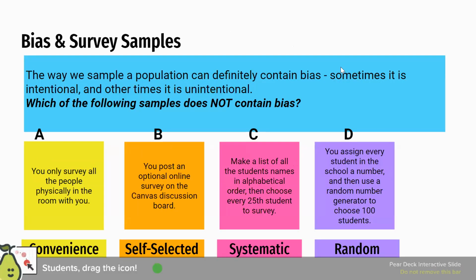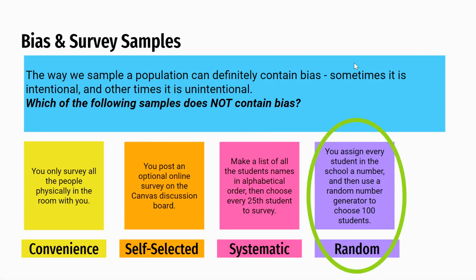So, which of the following samples does not contain bias? Would it be convenience, self-selected, systematic, or random? Hopefully you chose random, right? Random is the best way to sample and not contain any bias.